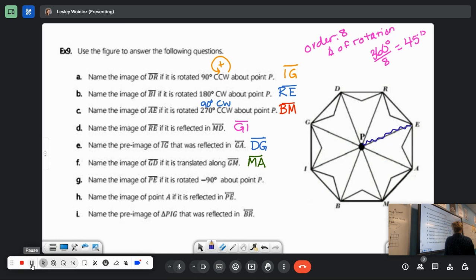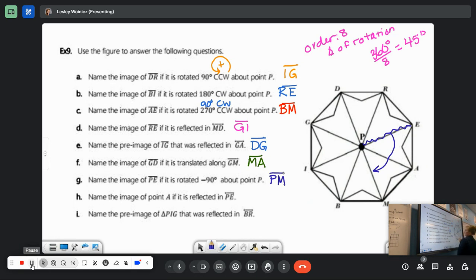Clockwise. So 90 degrees, two 45-degree turns in the direction of the clock. So if P is at the center of rotation, it's going to map onto itself, okay? But what about E? Where does E go? M. So we'll call that PM. Segment PM.